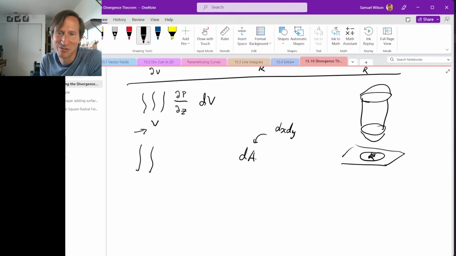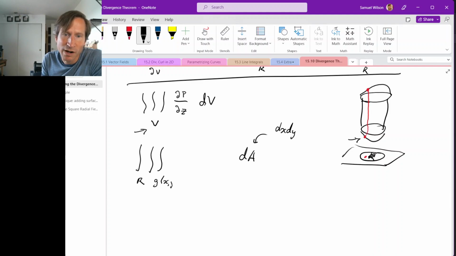Later we'll just relabel x and y as u and v, but for now dA is just the xy plane, so we're integrating over the region R. Then over any particular point in the xy plane, we have this sliver of volume above that point that is in our volume. The lowest z value is down here on the bottom graph, so that is g of x comma y, and the top of this sliver is on the top graph, which was f, so f of x comma y.